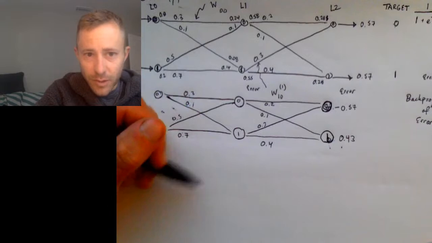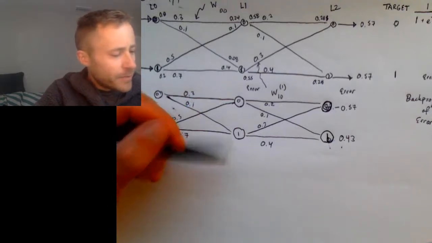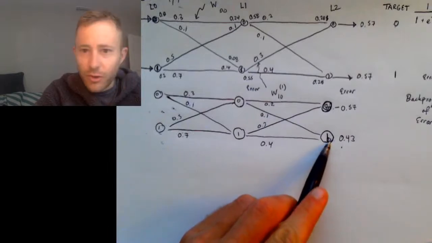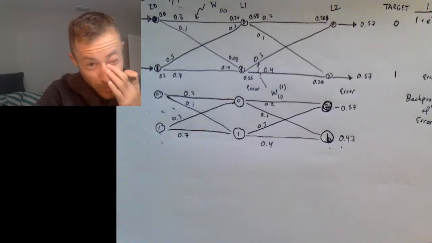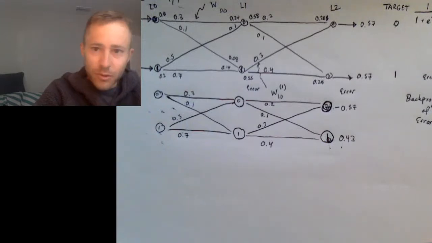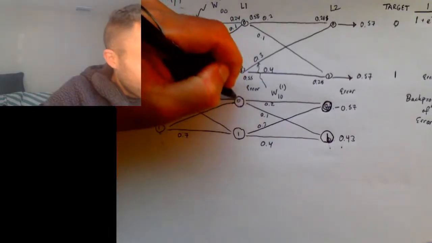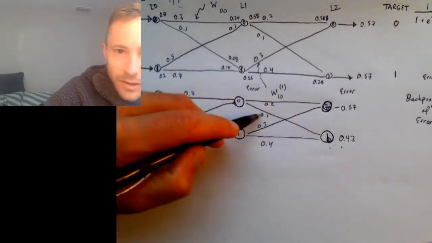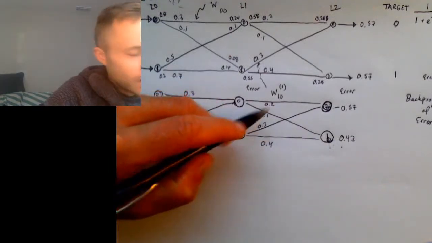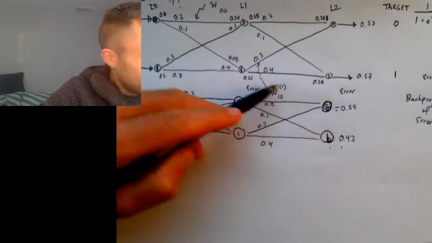Okay, so we're taking the error in the output and we're converting that into errors in the outputs of the previous layers. So what you do is you just go backwards in the same method. It's like going into a neural network but going in the backwards direction. Okay, so if we want to know what is the error of this one, it would be 0.43 times 0.1 plus negative 0.57 times 0.2.